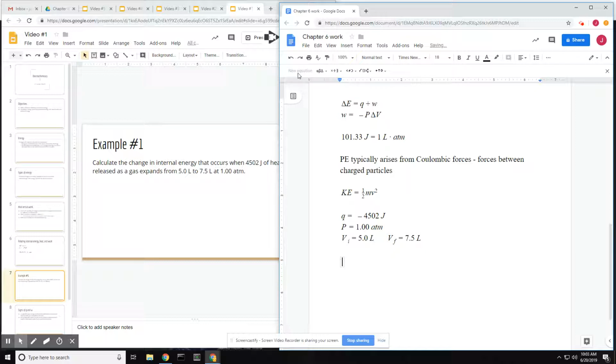So I'm going to calculate work. Notice that this is in liter-atmospheres. That means we need to convert it to joules.